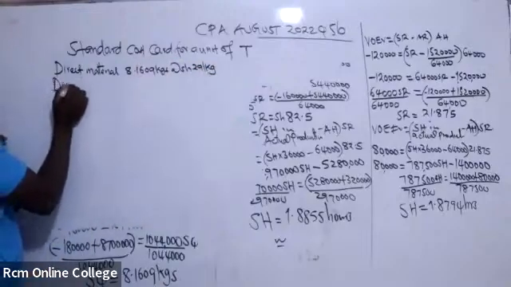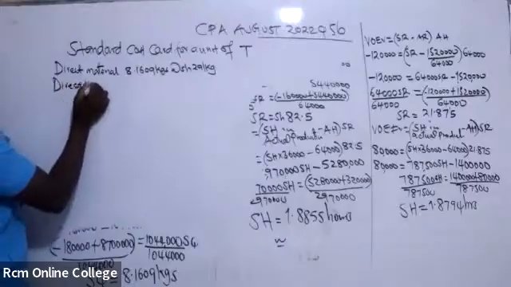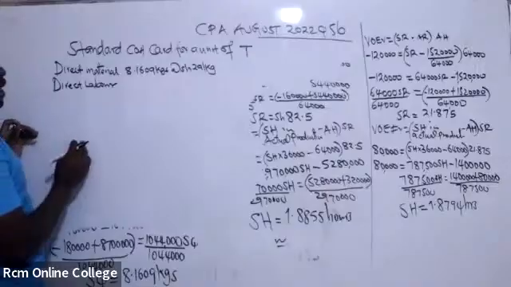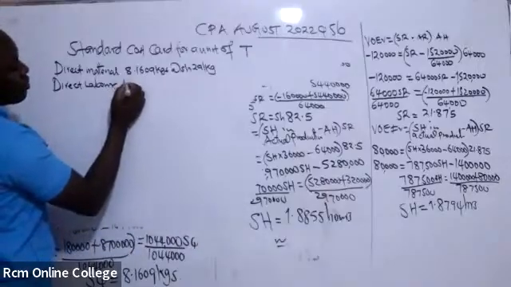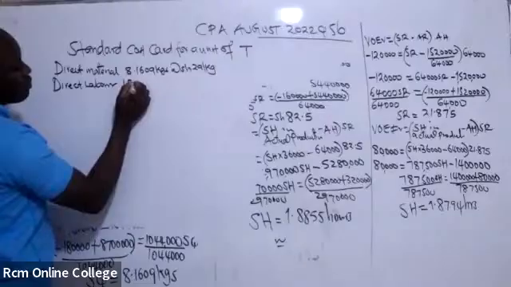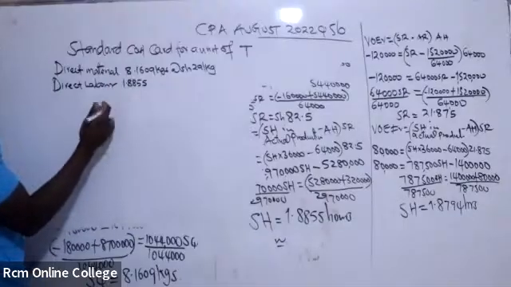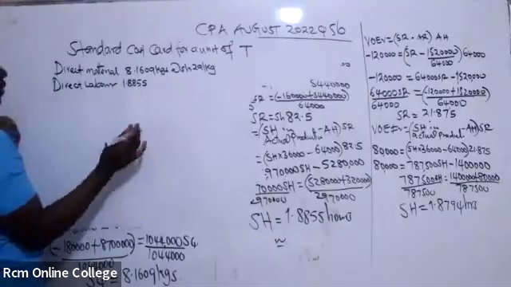Direct labor: standard hours is 1.855. For uniformity we're supposed to have a common figure, but no problem since I've explained why we have that difference.